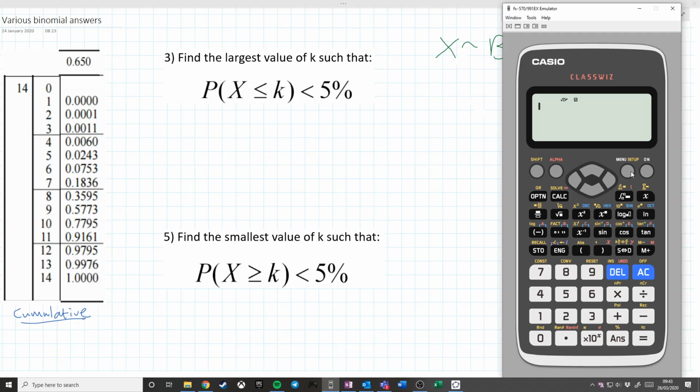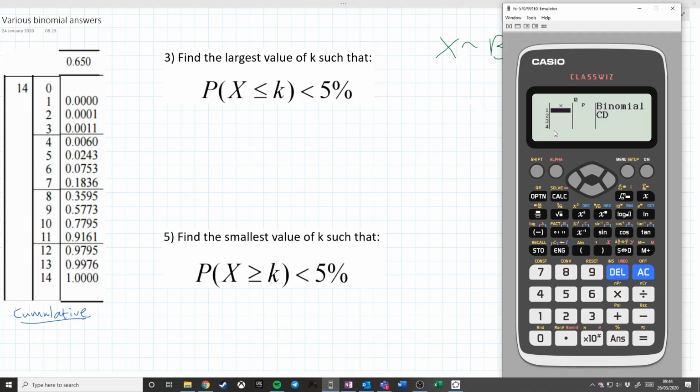And this is how you would do it. So you'd go to distribution, click down to binomial CD, go for list, and what you're going to want is to write the numbers 0 to 14.